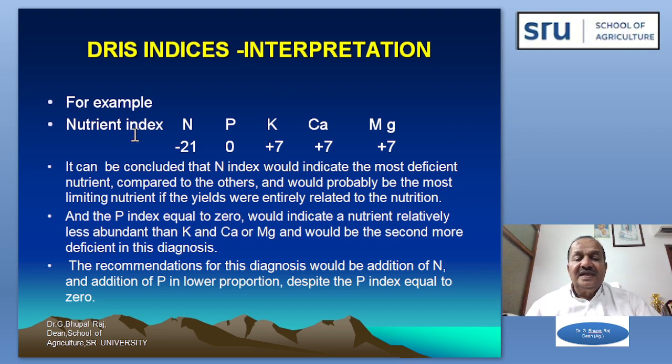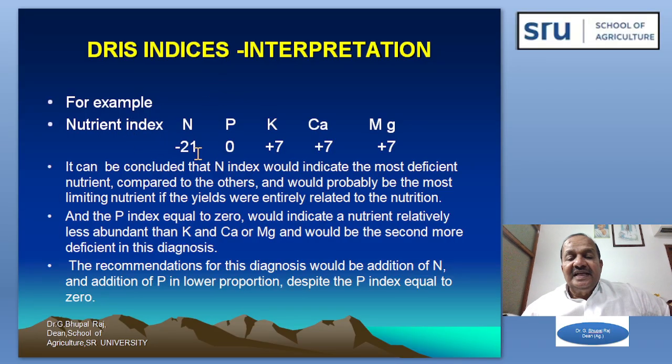For example, nutrient indices arrived at by taking into consideration 5 elements. We have taken 5 elements analyzed for the plant samples: nitrogen, phosphorus, potash, calcium, magnesium. We have derived the DRS norms taking into consideration the high yielding population. Then using those norms, we have calculated the index.